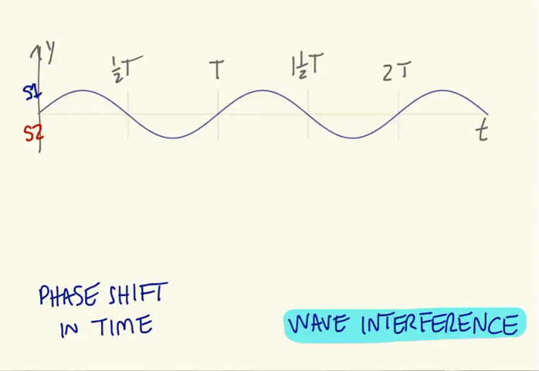And if you look at this location right here, what is the first source doing 1/2 of a period later? Well, it's going down from equilibrium. So that means this thing must be going down from equilibrium, and it's going to follow a pattern something like this. So this is an example of a source that has been time shifted by 1/2 of one period.